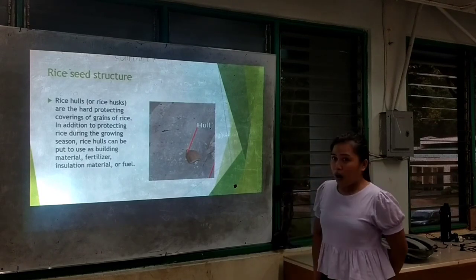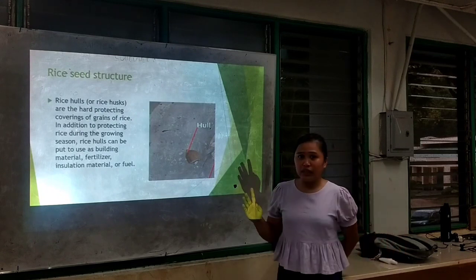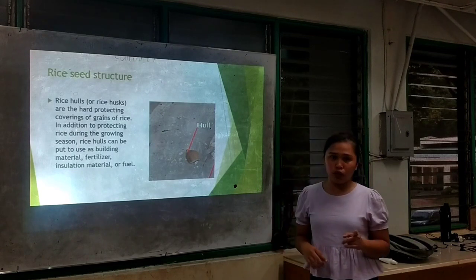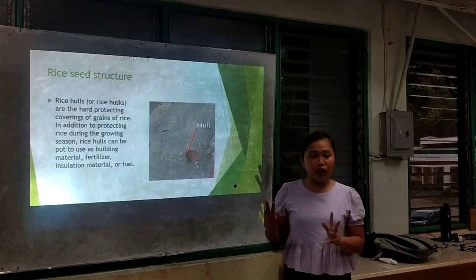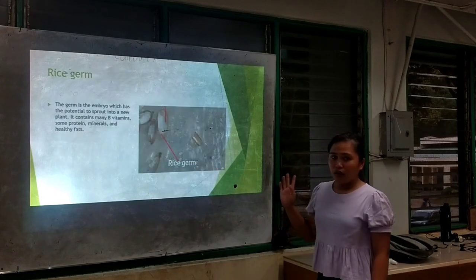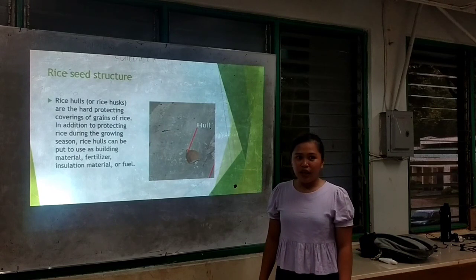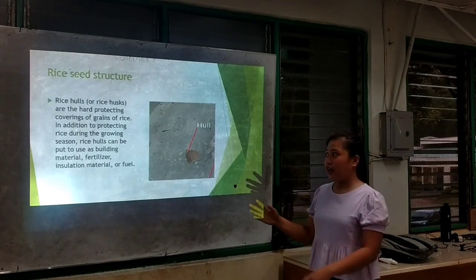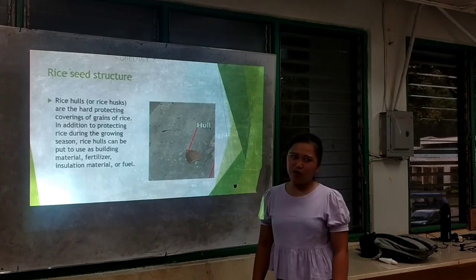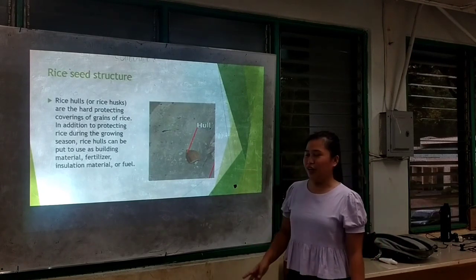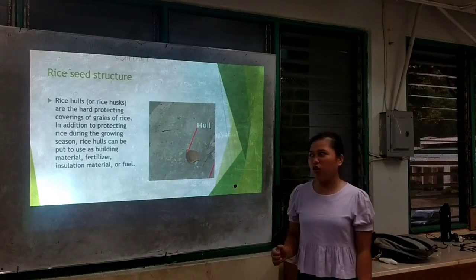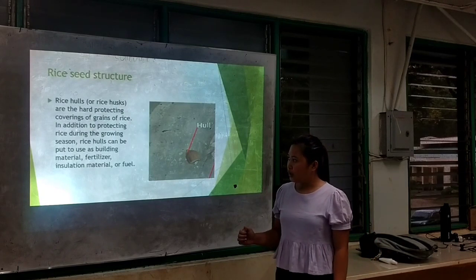Rice has no seed coat; the seed coat is found in leguminous crops. Going back to the rice hulls, they have benefits: they can be used as fertilizer material or fuel.